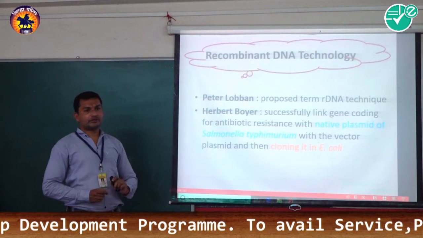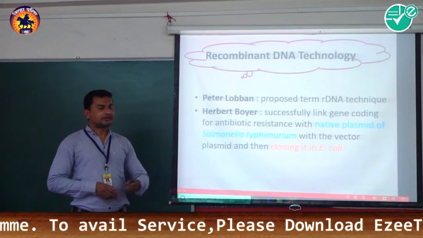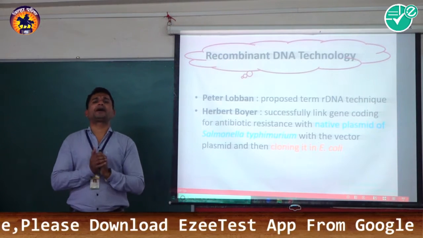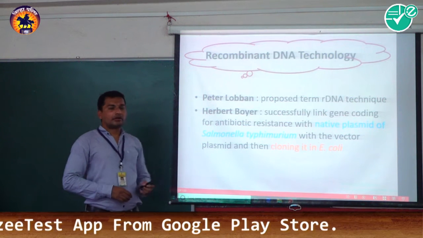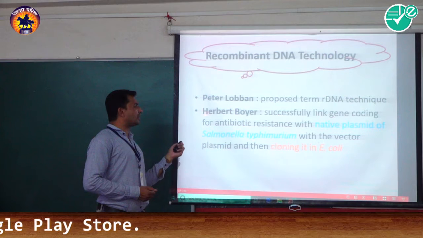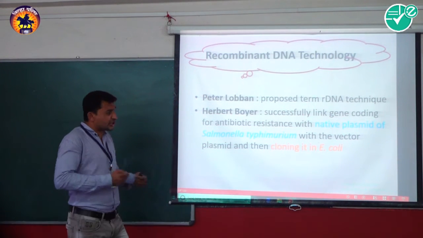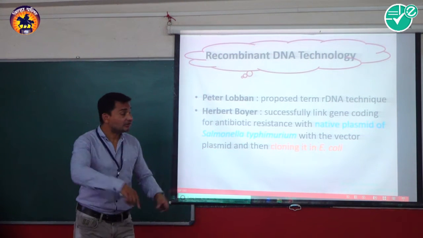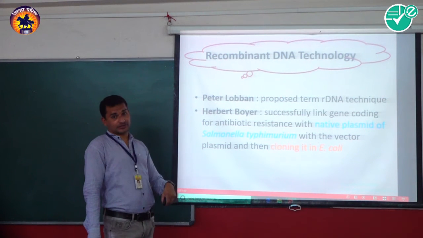Then, after the definition, we'll go for who gave this term. The technique of recombinant DNA technology was proposed by Paul Berg, and this technique was practically utilized by Herbert Boyer. He successfully cloned the gene which is responsible for antibiotic resistance.